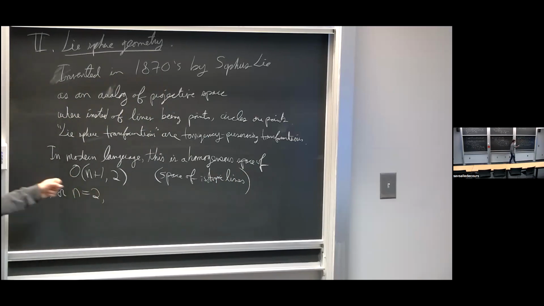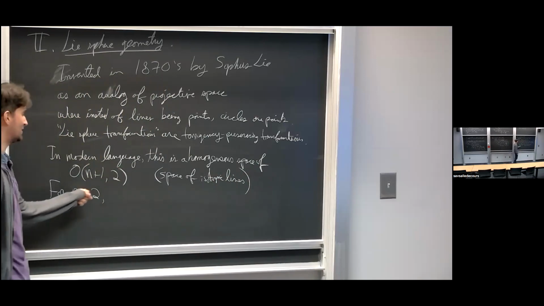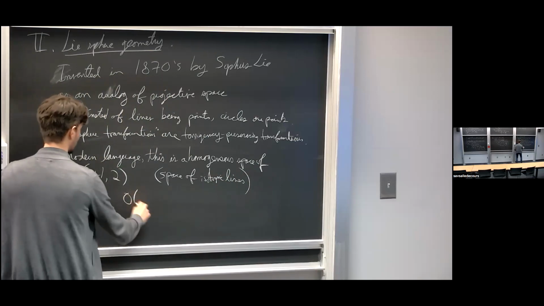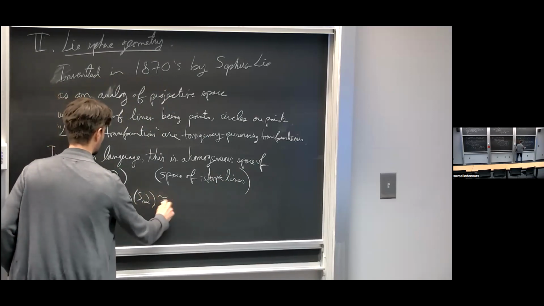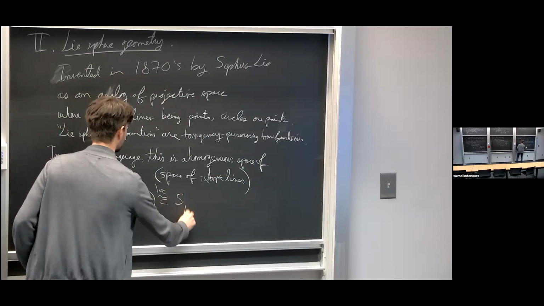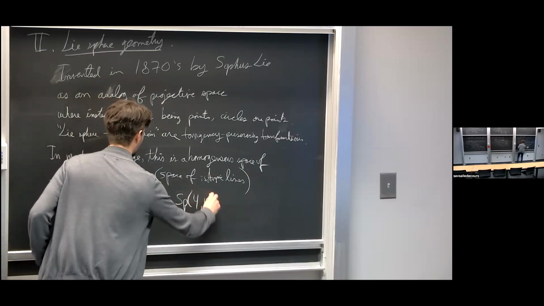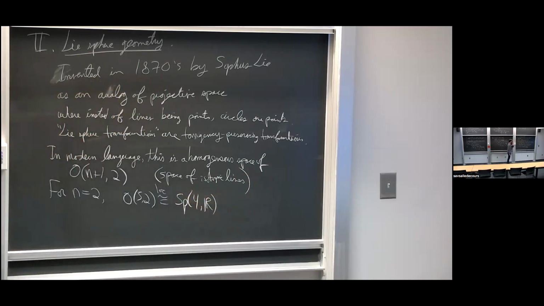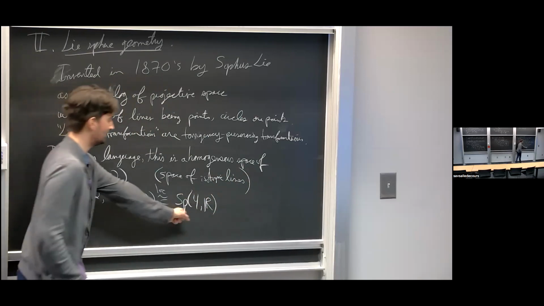For n=2, this is O(3,2), and you have an accidental low-dimensional isomorphism of Lie groups, which tells you that there's a local isomorphism between this and the 4-dimensional symplectic group.